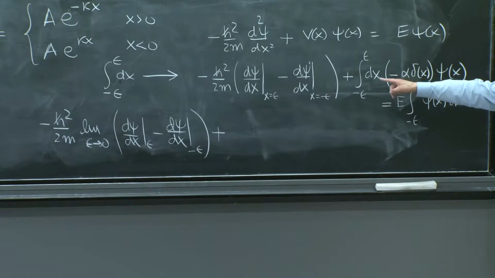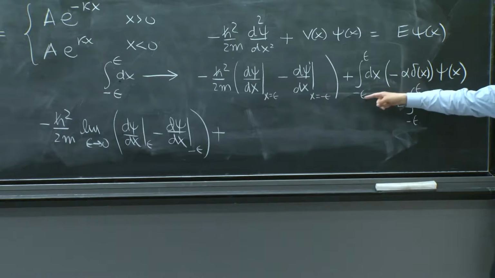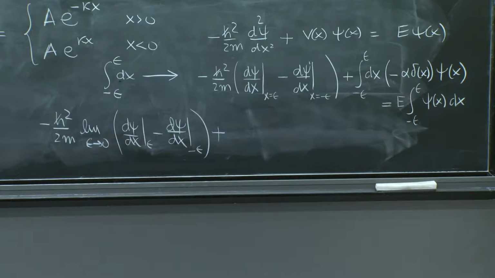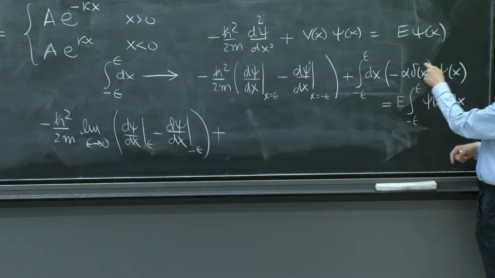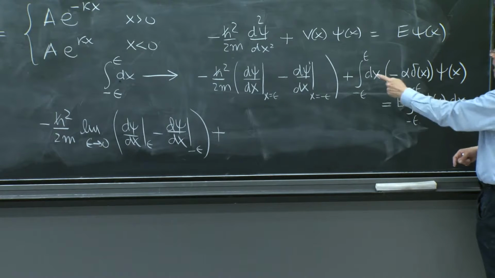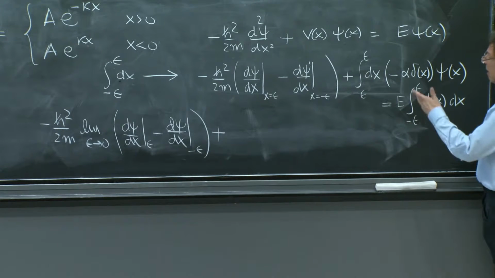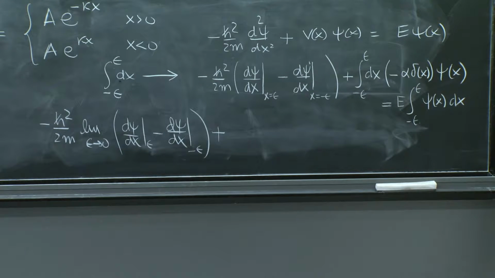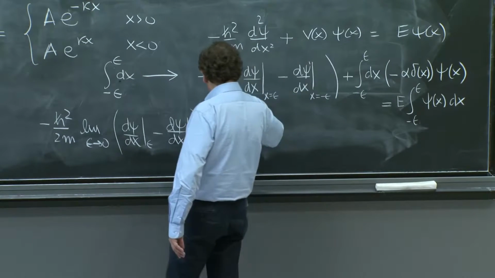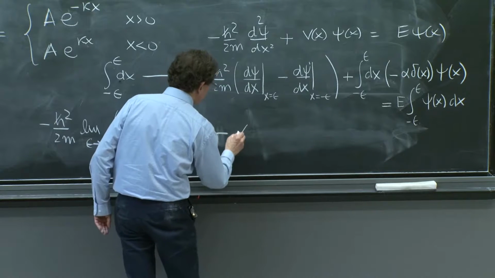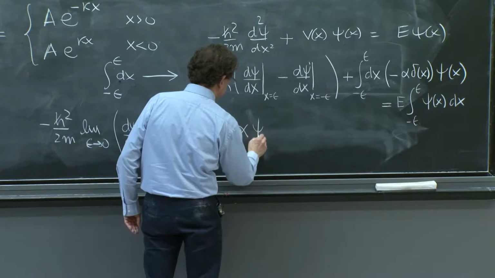We can do this integral. It's a delta function, so it picks the value of the wave function at 0, because 0 is inside the interval of integration. That's why we integrated from minus epsilon, to have the delta function inside. So you get an alpha out, a psi of 0, and that's what this integral is. It's independent of the value of epsilon as long as epsilon is different from 0. So this gives you minus alpha psi of 0.